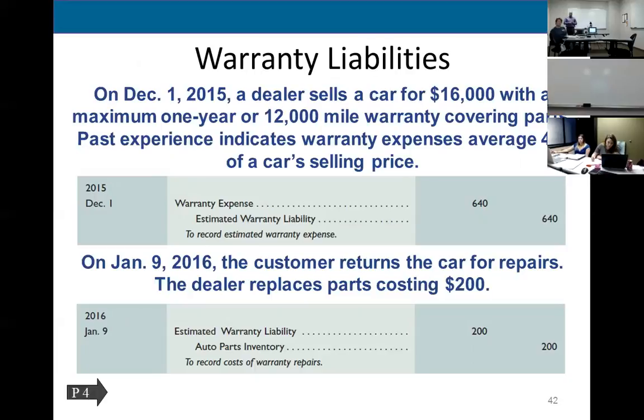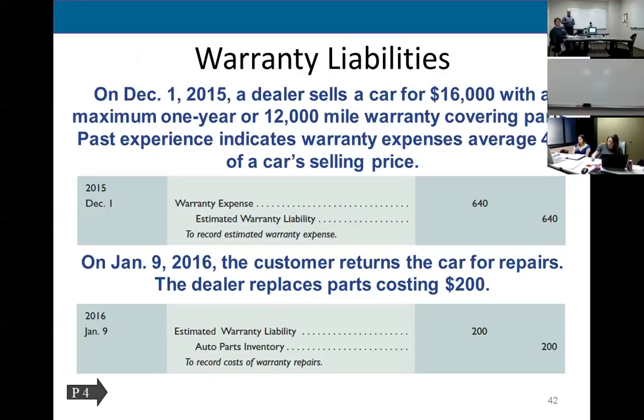Now, on January 9th, in the new year, the customer returns the car for repairs, and the dealer replaces parts costing $200. So in 2015, we were estimating $640, and we credited estimated warranty liabilities. In the new reporting period, we find that the repair is only going to cost $200.